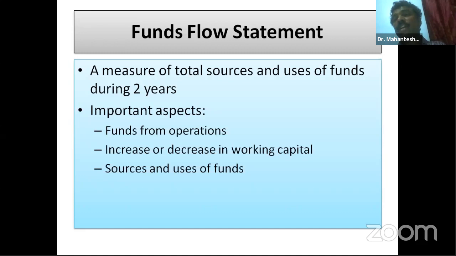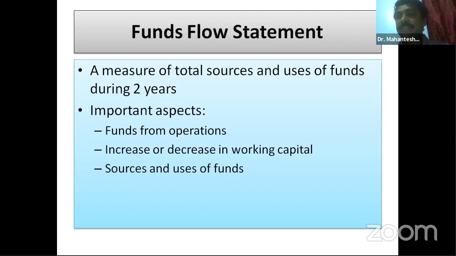Similarly, uses of funds or application of funds happen when we incur a business loss; it will act as an application or a use of the funds. Similarly, if you purchase new assets, like buying land, building, machinery, furniture, motor vans, patent rights, goodwill, then it becomes an application or use of the funds. Similarly, repayment of a bank loan is a use or application. We call it redemption: redemption means repayment, redemption of debentures, redemption of preference shares, and that will be taken as use or application of funds.